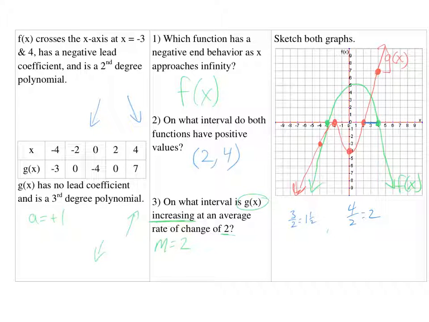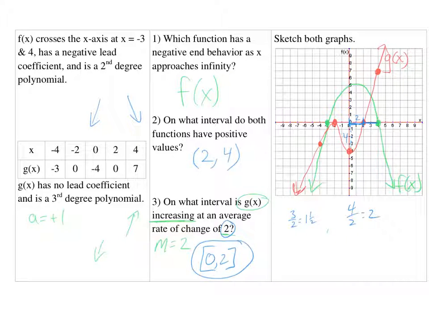A slope of 2? Did I go up 4 over 2? That equals 2, and that's what we're looking for. So what's this interval right here? It is 0 to 2. So from 0 to 2, my average rate of change is 2.